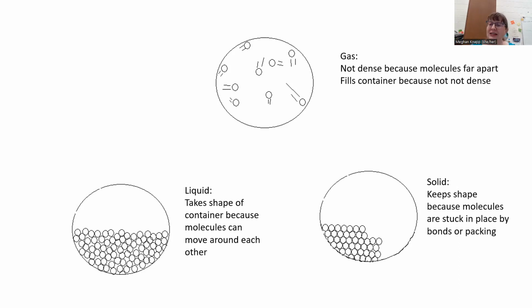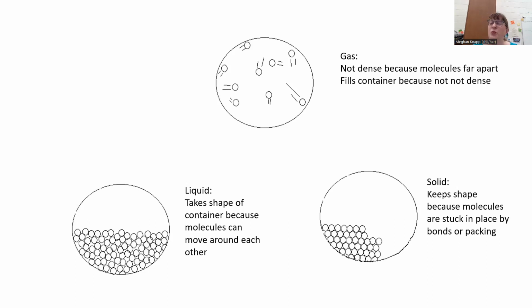And a solid in the particle view may show that it's not spread out across. Notice that the liquid all the way across the circle there is pretty level. But with the solid, there's sort of a drop off about 2/3 of the way over. So that's showing it's not filling or taking the shape of its container. It's not filling it to the sides.